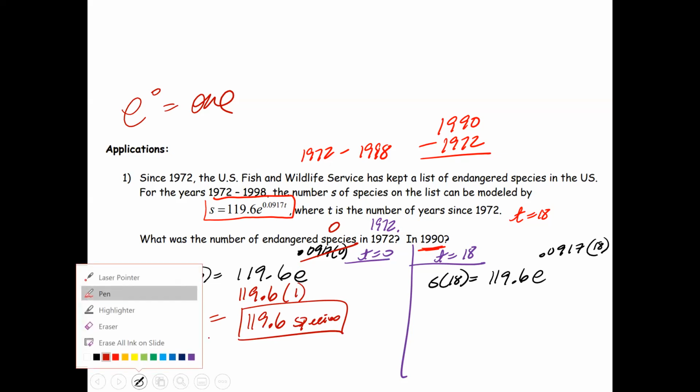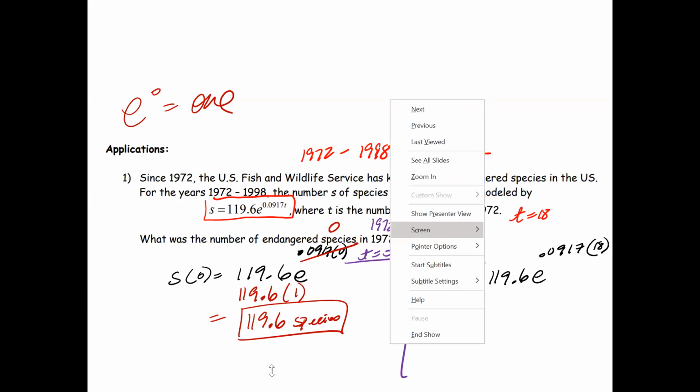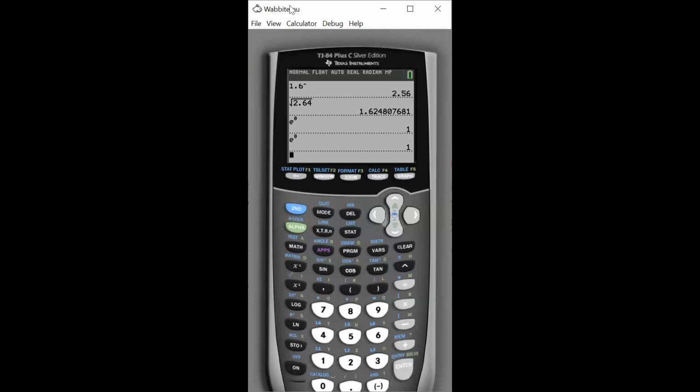Now let's see how many you have 18 years later. So then I have this part right here. First thing I want to do is grab my calculator again. With my calculator, I'm going to insert 119.6 second E, so that you have that. And on top of the exponent, you're going to put 0.0917 times 18. Enter.